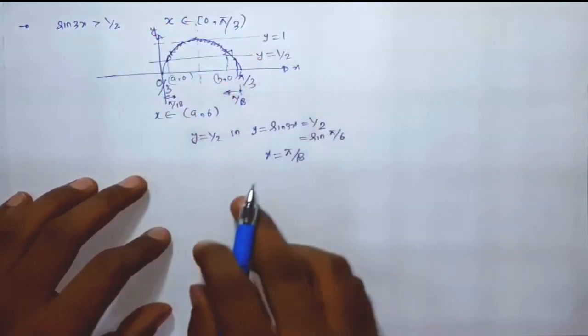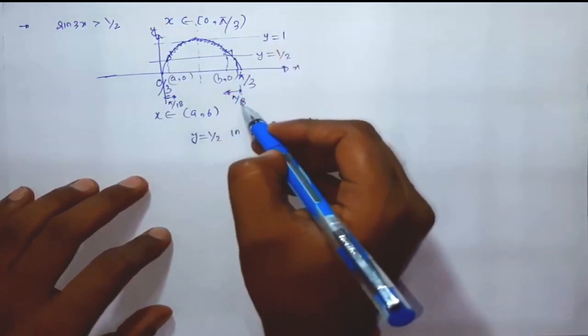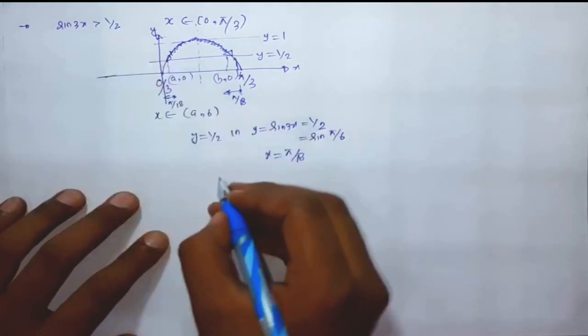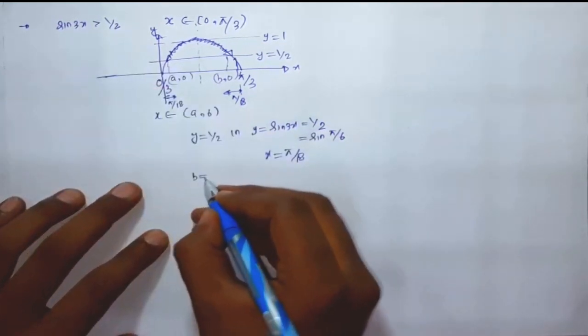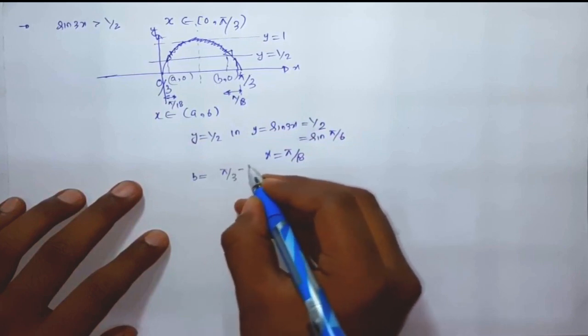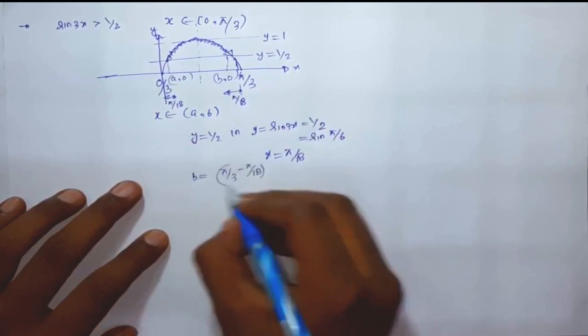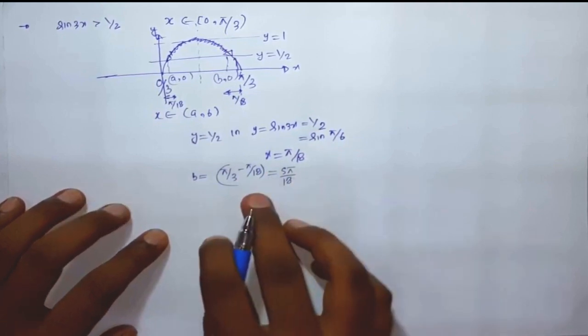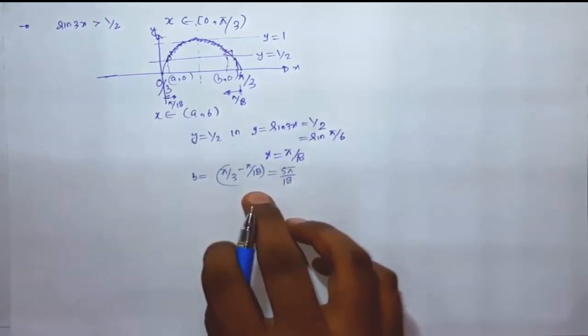So we can say this portion will be pi by 18. Okay, so the value of b is going to be pi by 3 minus pi by 18. Okay, that means 5 pi by 18. So we have calculated the values of a and b.